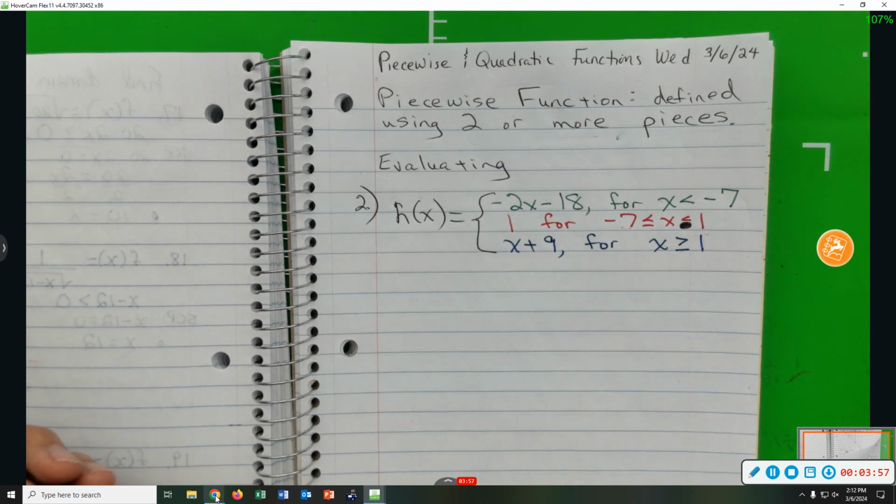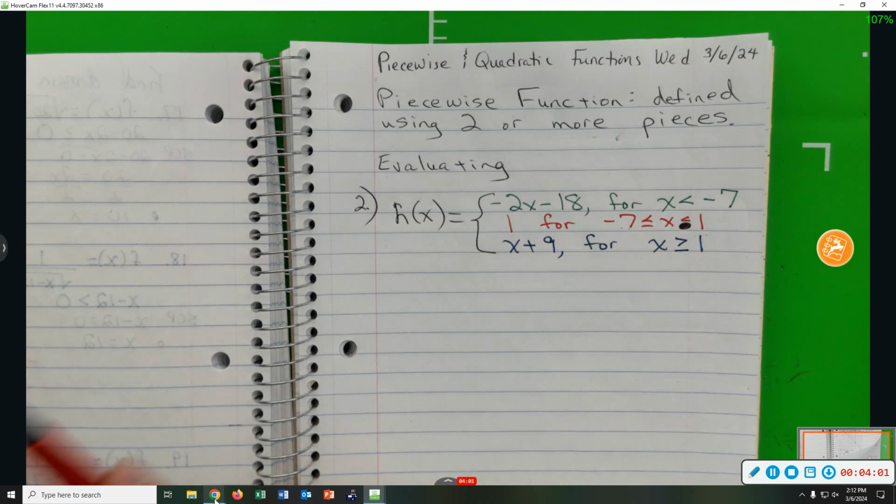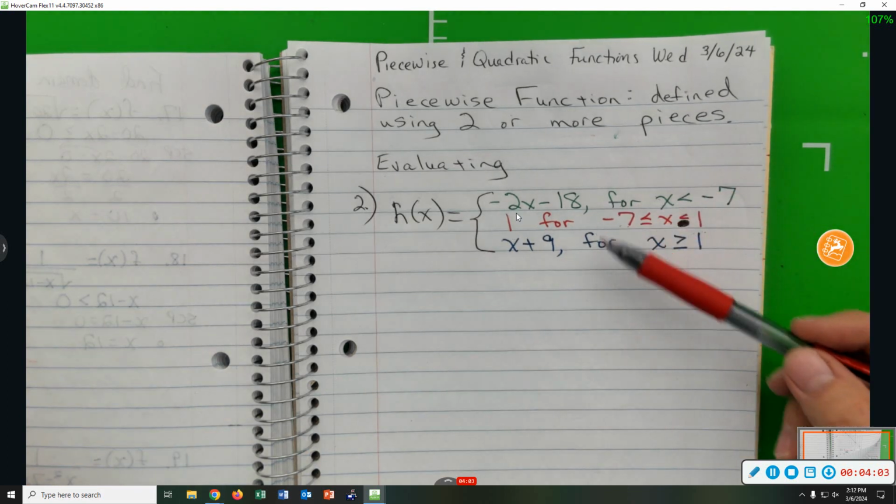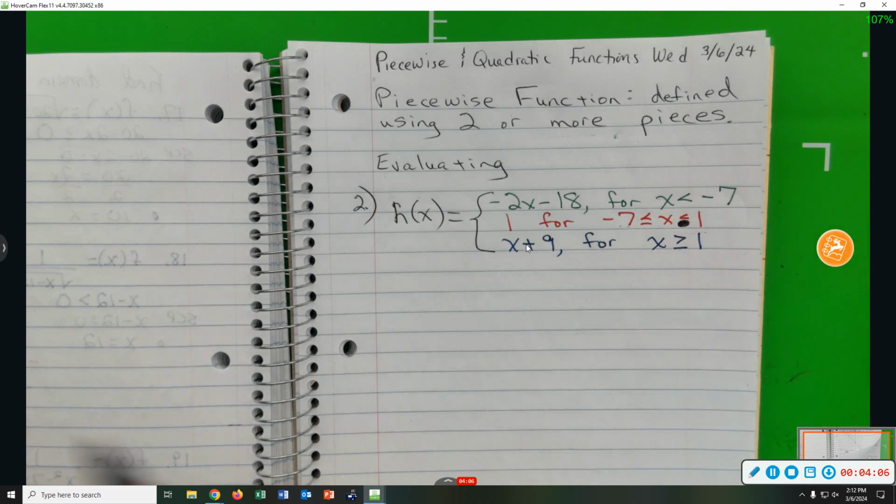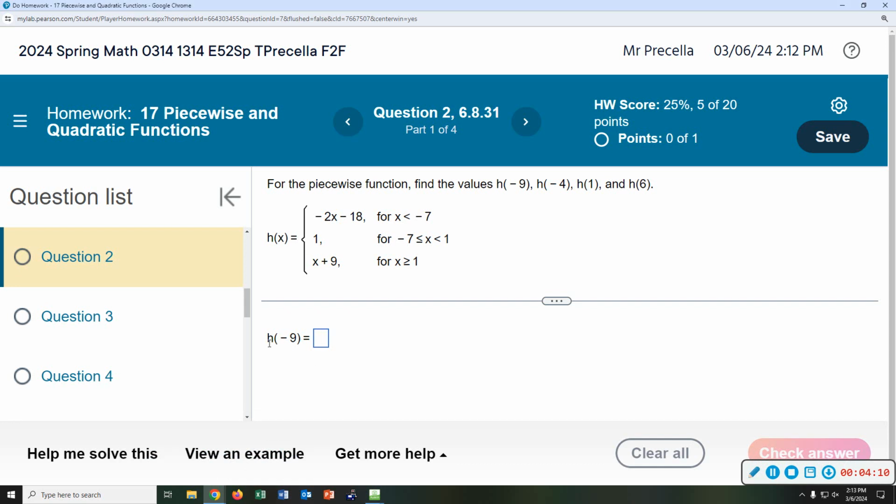We know to use function notation. You take the x, you plug it into the function. Here you have to decide which piece you're going to use though. For example, they give us four x values. They want us to find h of negative 9, h of negative 4, h of 1, and h of 6.